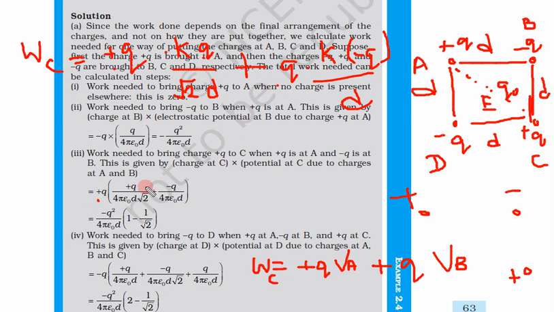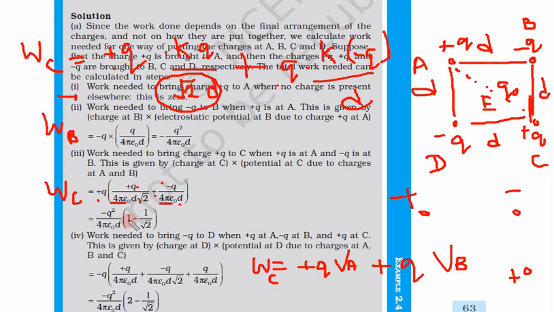For the first one it is positive, for the second one it is negative, and there is a plus sign between them. 1 upon 4 pi epsilon naught is the constant, and this is D root 2 and this one is D. So the total work done WC is equal to, this one was 0, this is WB, this is WC, equal to plus Q, and in the bracket, when you solve this, the minus term will come first.